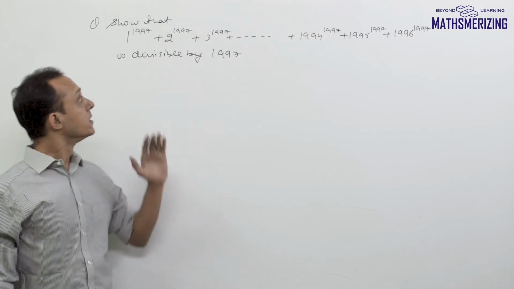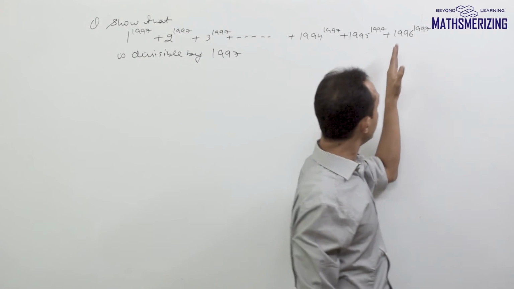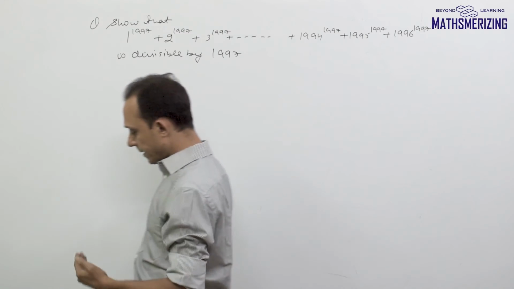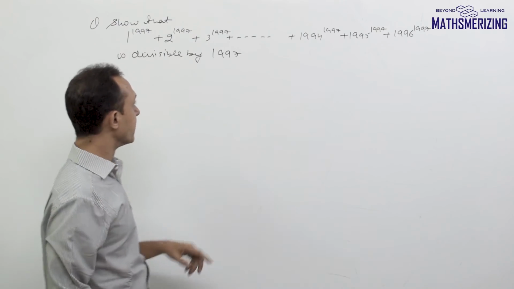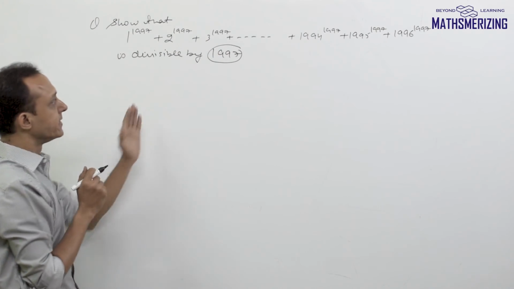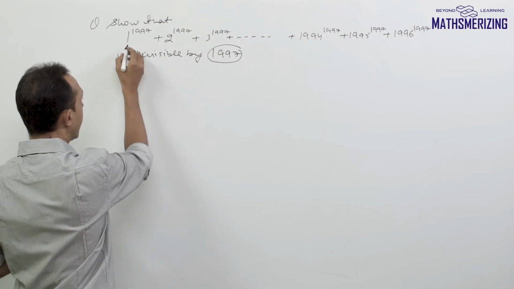So this is how we use this shortcut. Another question is, show that 1 to the power 1997 plus 2 to the power 1997 up to 1996 to the power 1997 is divisible by 1997. Now because we have to discuss divisibility by 1997, I have to express these numbers in terms of 1997. So what I'll do is pair these numbers.